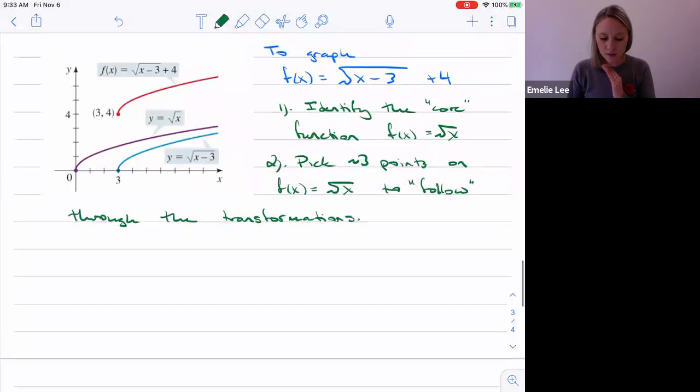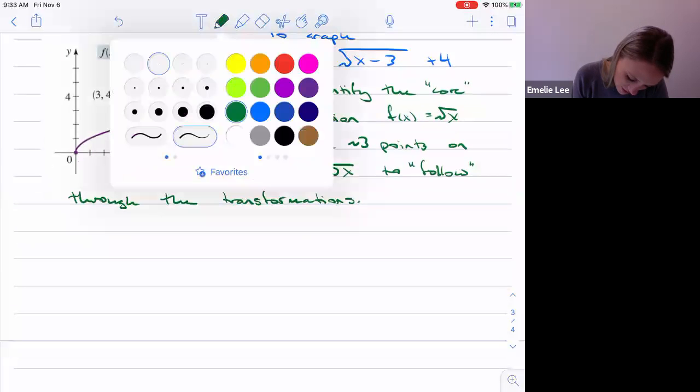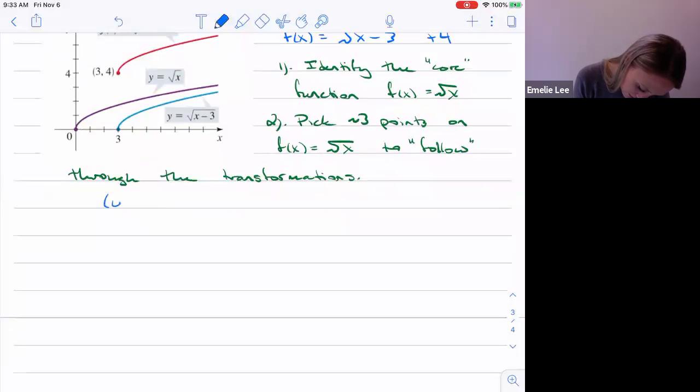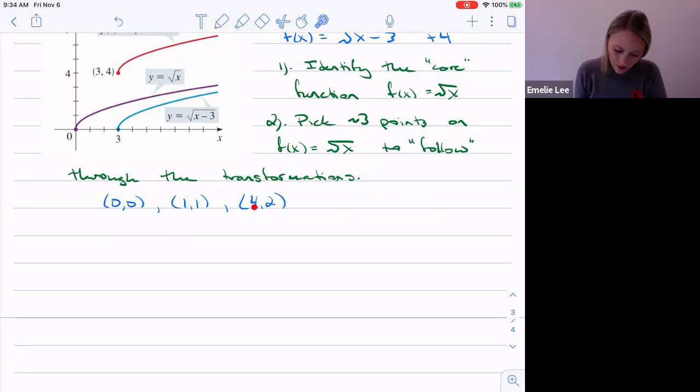Okay, so you can pick x equals 0, that's a nice one, right? 0, 0 is a point on here. 1, the square root of 1 is 1. The square root of 4 is 2. I'm picking convenient values of x. So in this case, we can use 0, 0, 1, 1, and 4, 2, right? If x is 4, y is 2, the root of x.